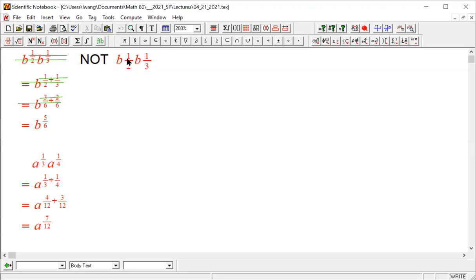You multiply b with half, you multiply b and multiply third. And it's different. So don't write it this way, okay? And the same thing is said here for these exponents.